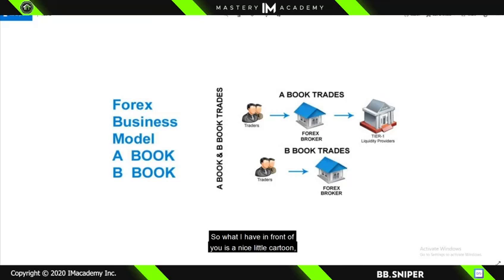Okay, so what I have in front of you is a nice little cartoon, very short and sweet, of just how the system works and how it's connected together. On the very left side, you have traders. I want you just to pay attention to the top portion.